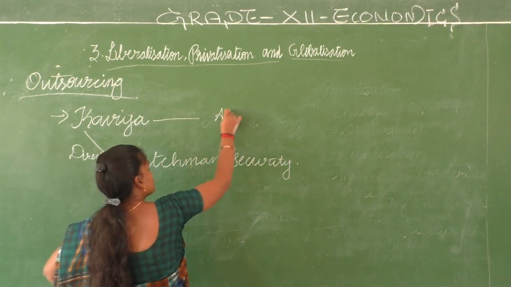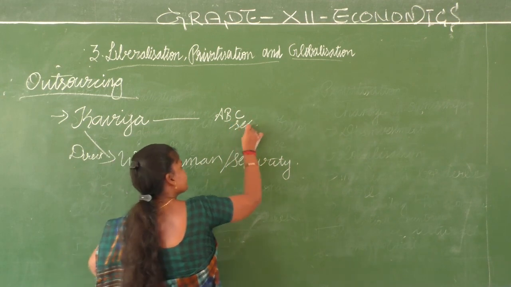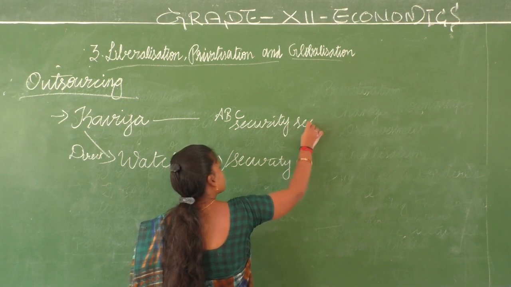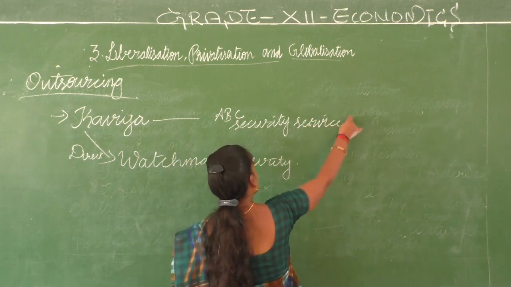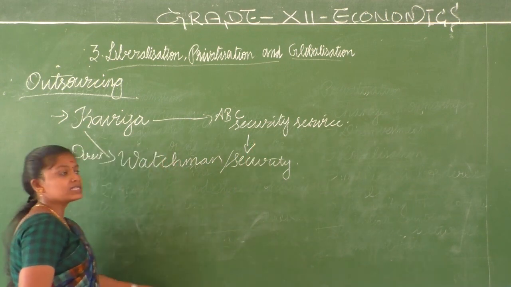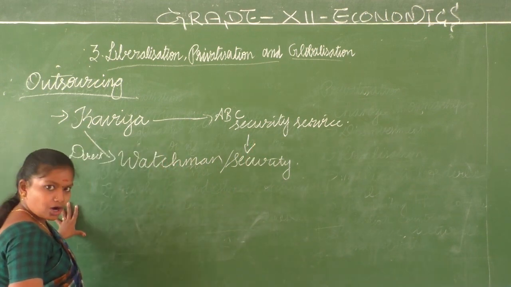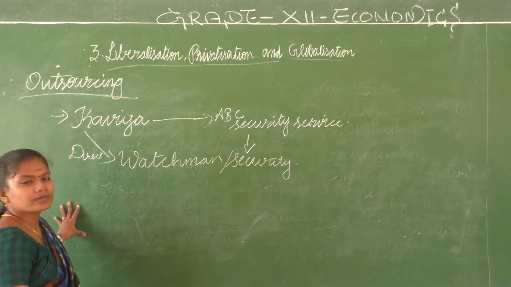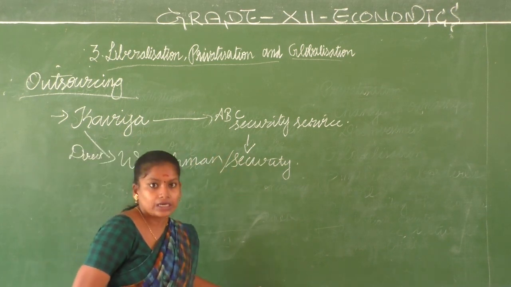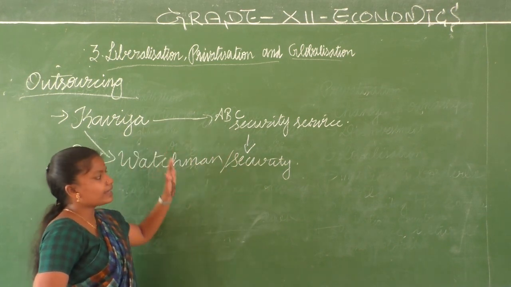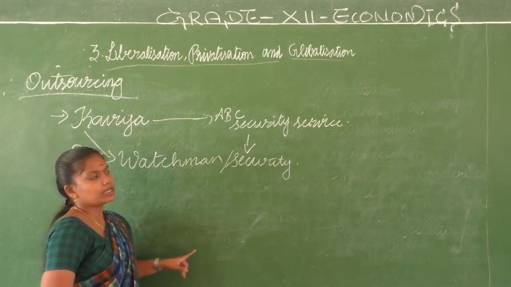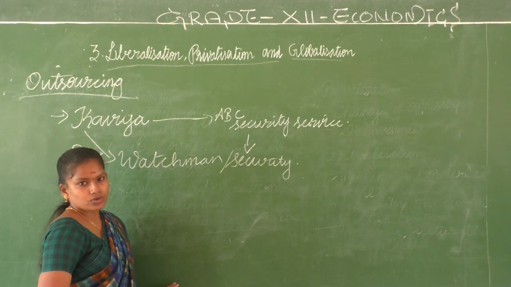There is a security service, and when I get my security service through them, that is called outsourcing. I have a mediator here who works for me. Instead of recruiting directly, I am using another channel to do this. That is called outsourcing.